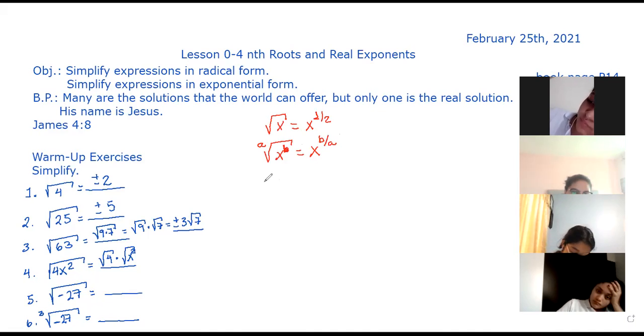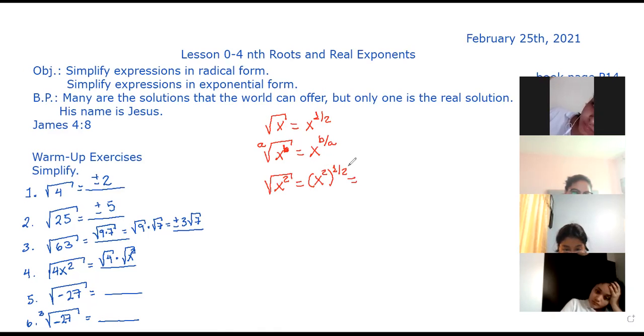If by any chance you have this, you can rewrite this radical expression as x to the square times 1/2. See, because the square root of x is x to the 1/2, and you have it to the square. Remember the law of exponents, power of a power?